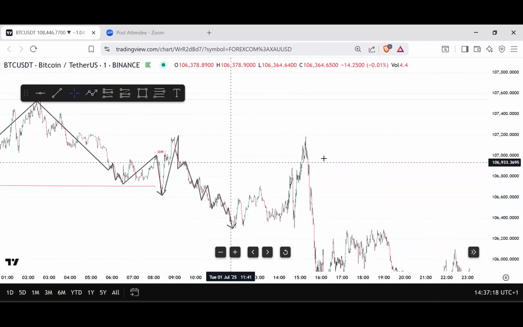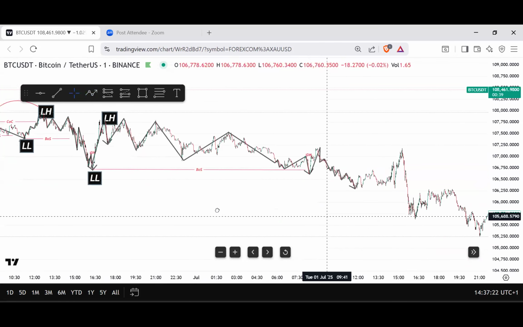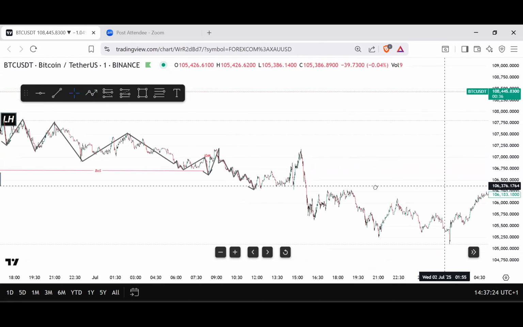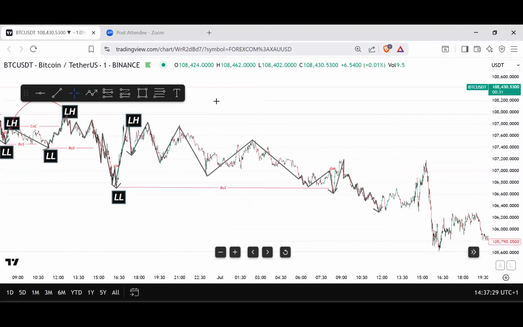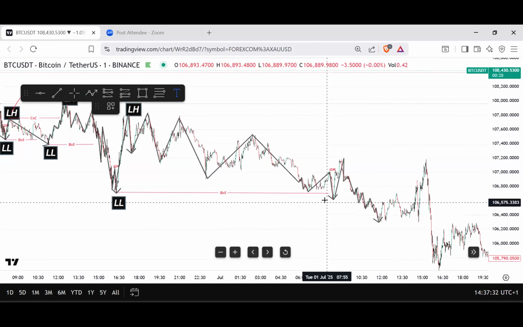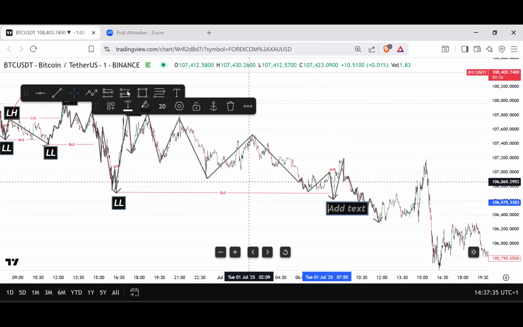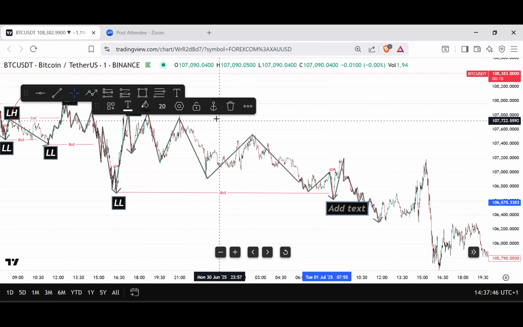So you can see the market is not doing anything new. It's just repeating the same thing. Exactly. So once we're able to look at the market and know if it is making an impulsive move or correction or continuation, it helps us to know where to enter the market.